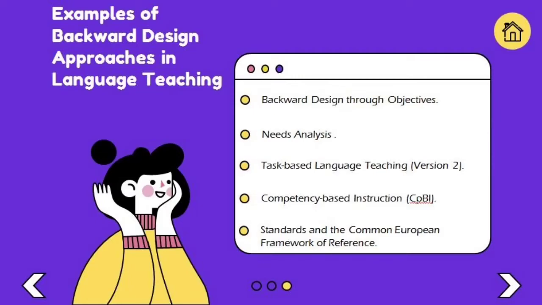Third, task-based language teaching. Needs analysis is also a starting point for curriculum development in the version of task-based language teaching, and it is used to determine the target tasks learners need to master in the target language.